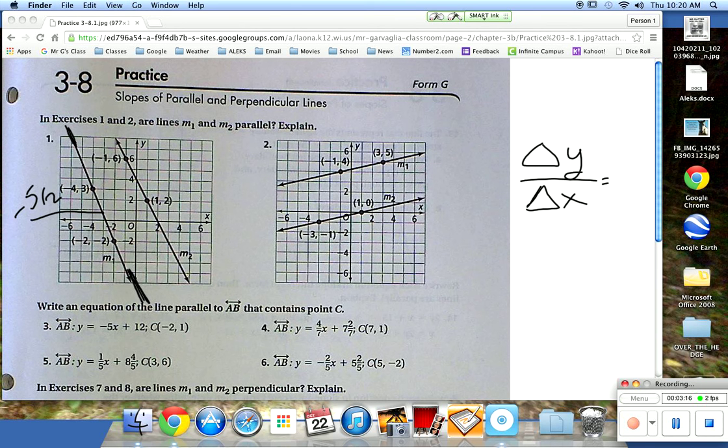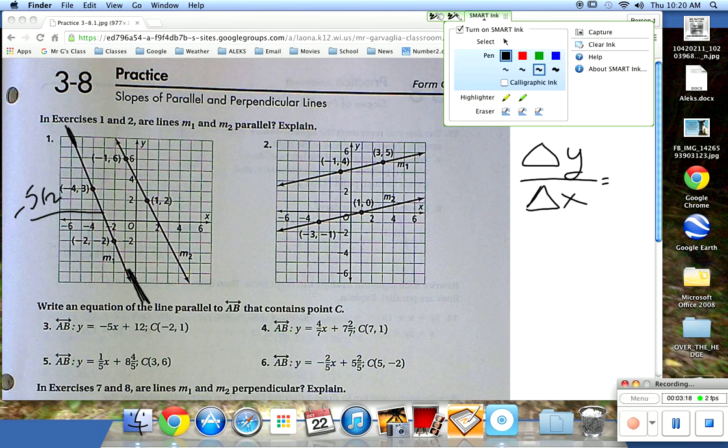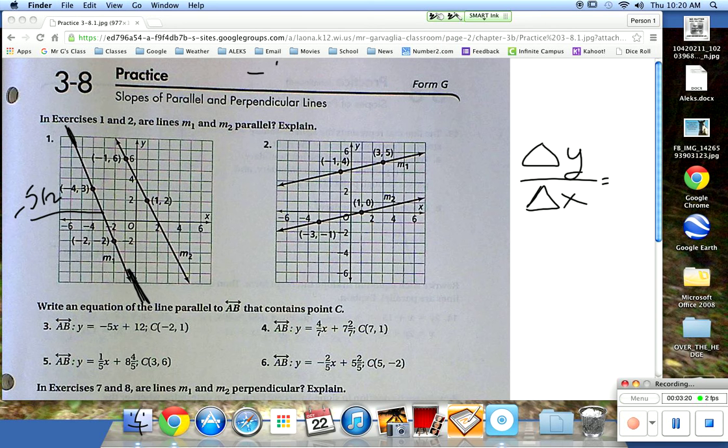What's the slope on this one, Damien? I've got -1, 6, and I've got 1, 2. What's the slope on that one? It's my change in y, four. What's my change in x? -1 up to 1.